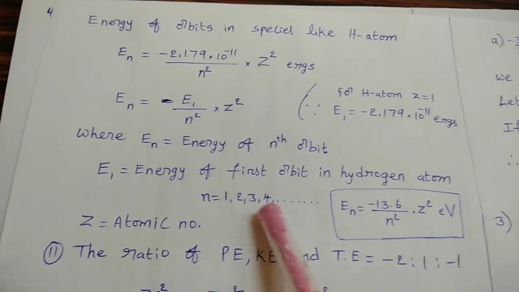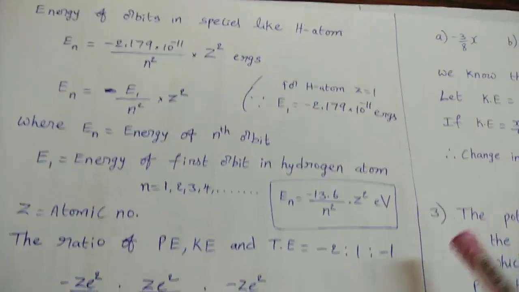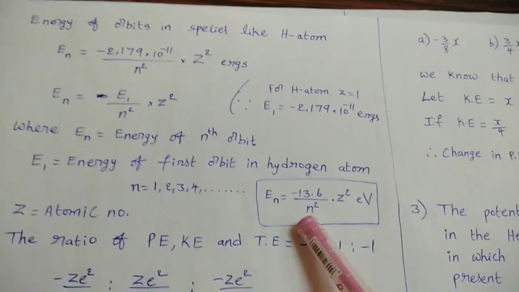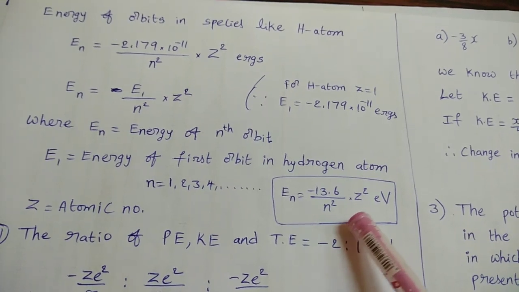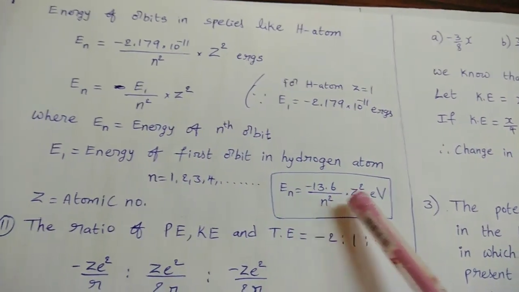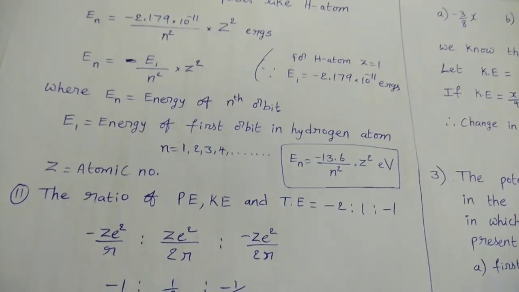N value 1, 2, 3, 4, and so on. Z equal to atomic number. So related to energy of the electron, this expression we use in numericals. So remember it carefully. En equal to minus 13.6 into Z square by n square electron volt. Okay.